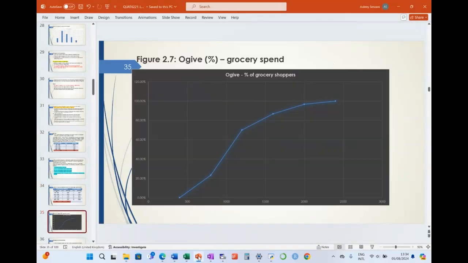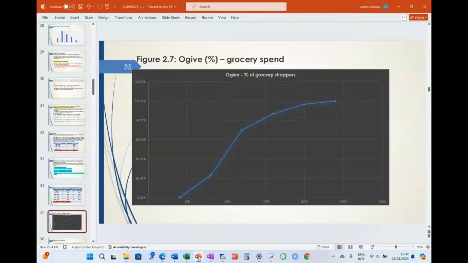And then this is the ogive. This is just now displaying the same information, but by means of a line. If you look at it, can you see that at the very end of our graph, we're at 100%, which reflects the total data, or the total population, or the total surveyed individuals.